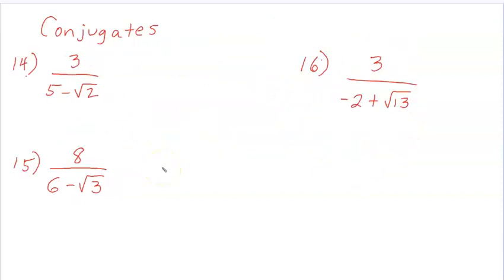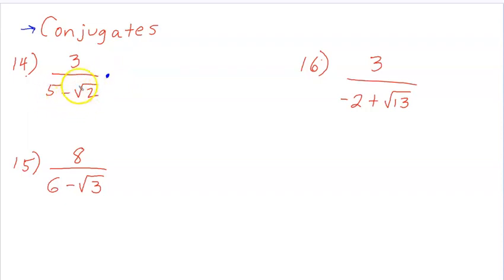Okay, we're almost done. We still have to rationalize denominators, but sometimes the radicals are involved in either addition or subtraction, involving a whole number, a non-radical number, right? I should say an integer, because -2 is not whole, it's an integer. So in these cases, we're going to use something called the conjugate. And just very simply, here's how you can tell what the conjugate of the denominator is.